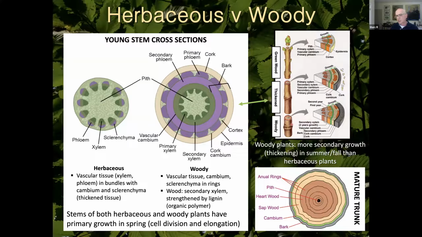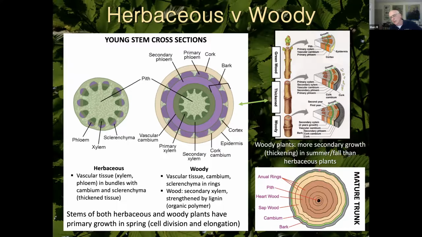And then eventually, by late fall and over the winter, it actually turns woody and then sort of brittle. And that's what makes a plant woody, and that's what enables it to grow taller and to survive into the next year. So that's what distinguishes a woody plant from an herbaceous plant.